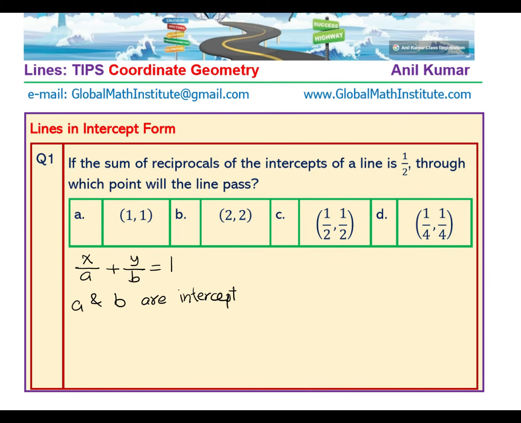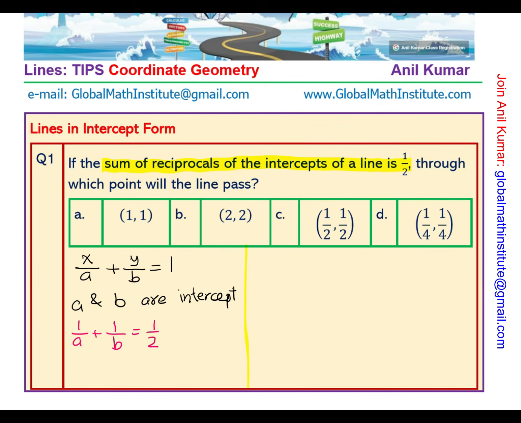Perfect. When we say sum of reciprocals of intercepts is half, it means 1 over a plus 1 over b is half. Make sense? So that is what it means. Absolutely clear?